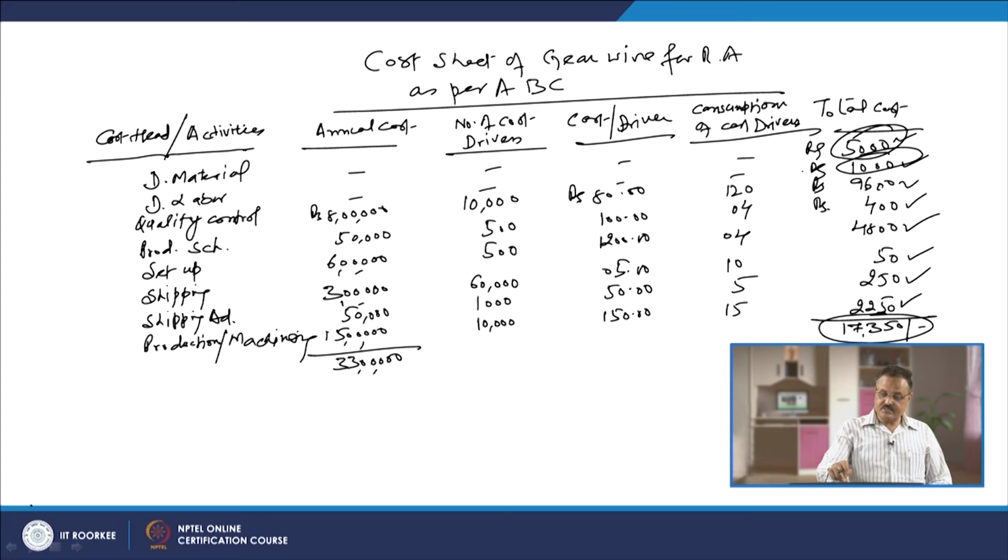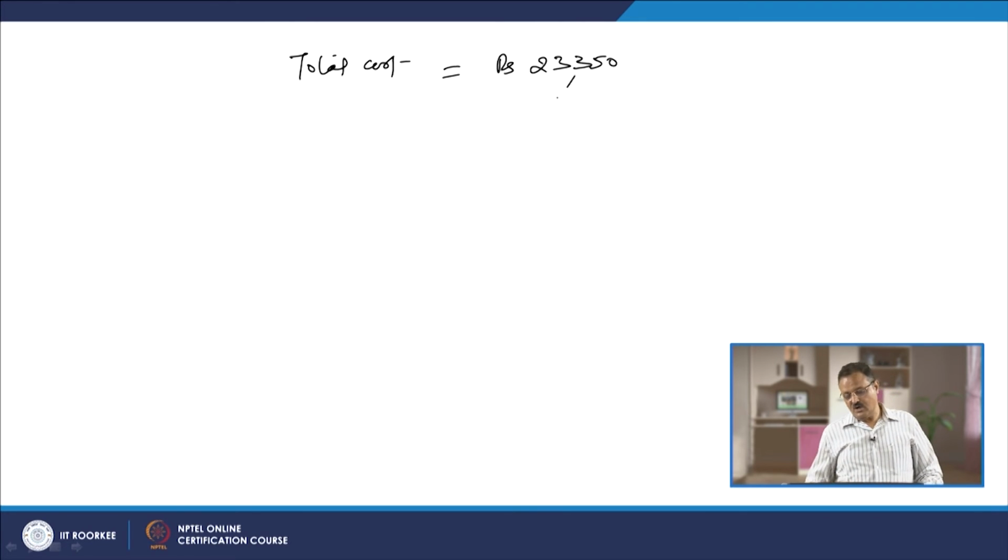The total cost for manufacturing this product is 23,350. I am not preparing all the columns now, only the last column.